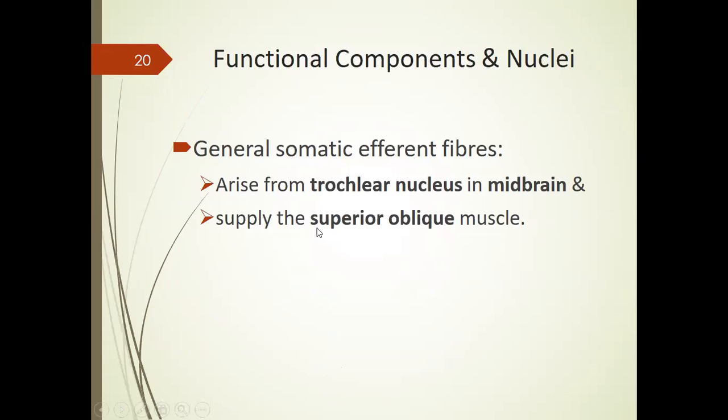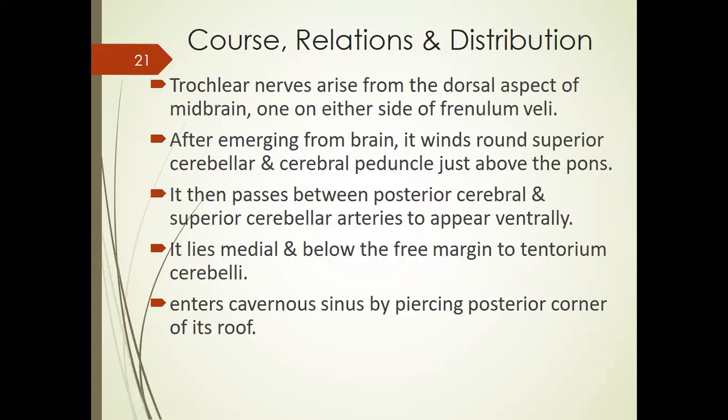Origin is from the trochlear nucleus in the midbrain at the level of the inferior colliculi, and it supplies only one muscle, that is the superior oblique muscle of the eyeball. The trochlear nerve arises from the dorsal aspect of the midbrain, one on either side of the frenulum veli.